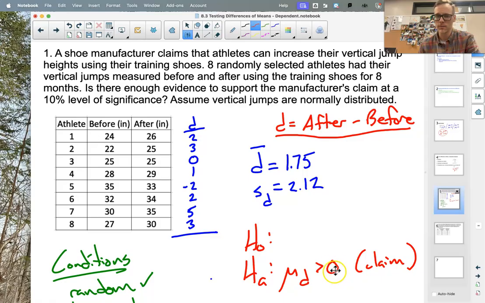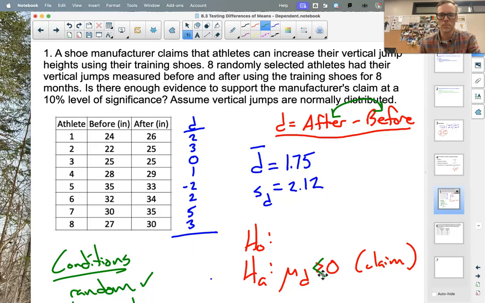It's positive. Now let me throw a what-if at you. If we had subtracted the before minus the after, that's fine. But then what would an increase look like? For there to be an increase, if we take the before minus the after, that difference would have to be negative instead.